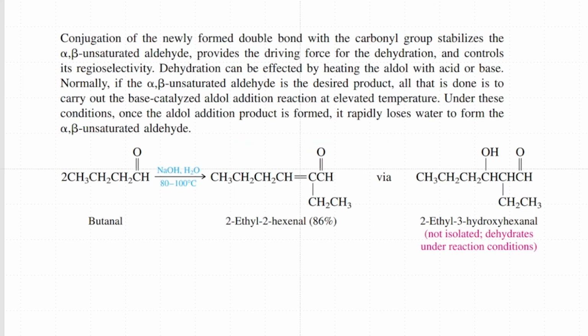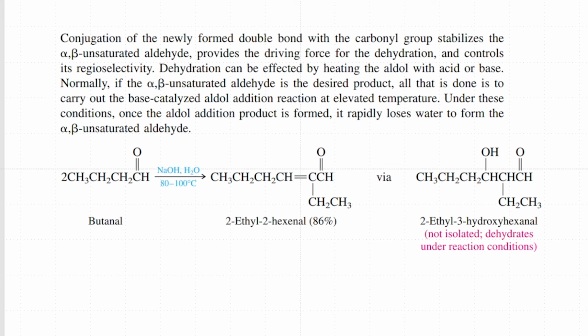So what we would expect under experimental conditions is that if you take butanal and add sodium hydroxide and water and heat it to about 80-100 degrees, then the yield of the alpha beta unsaturated aldehyde is quite good.